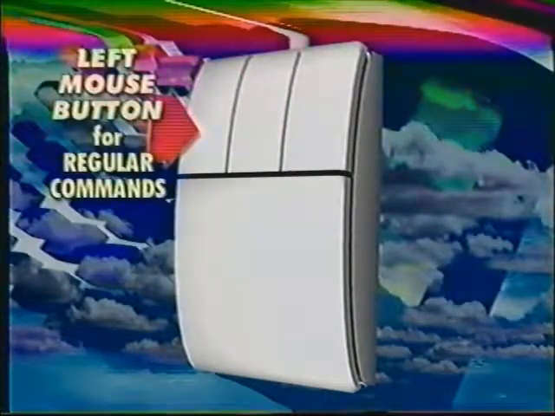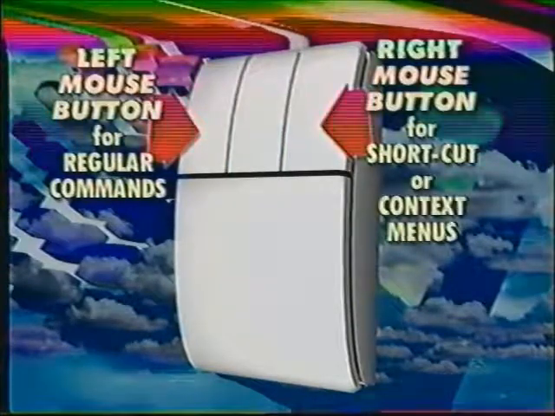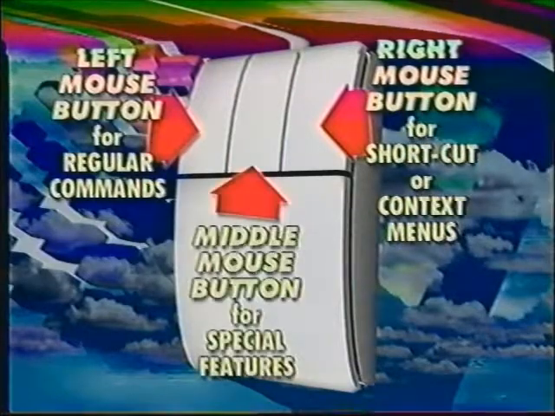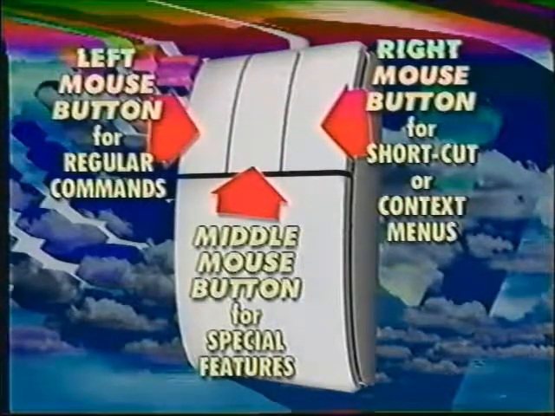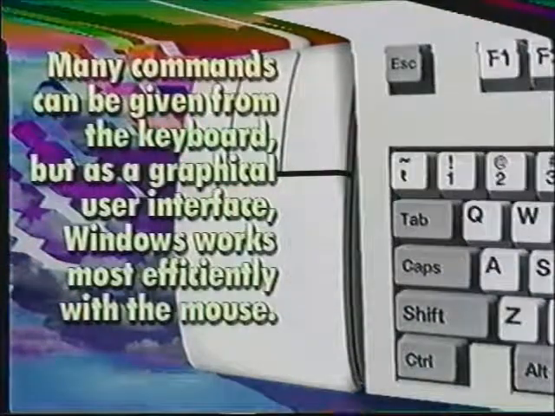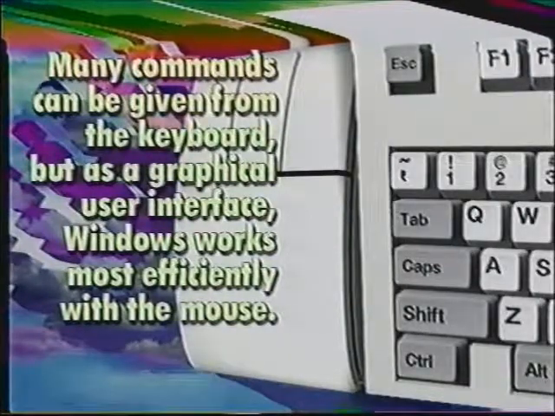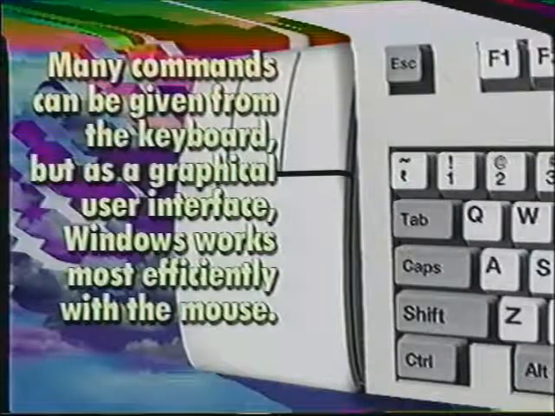The left mouse button is most frequently used for regular commands. The right mouse button opens shortcut or context menus. And some mice have a middle button that can be used for special features for specific application programs such as Microsoft Word. Many commands can also be given from the keyboard, but as a graphical user interface, Windows works most efficiently with the mouse. Let's take a look.